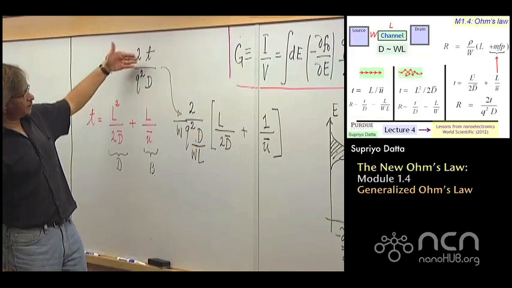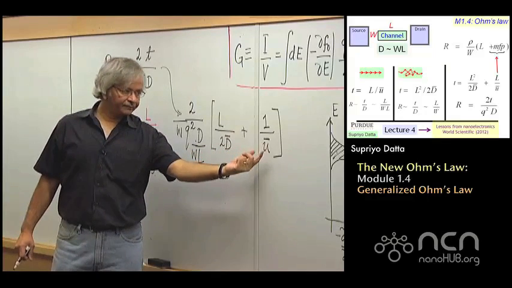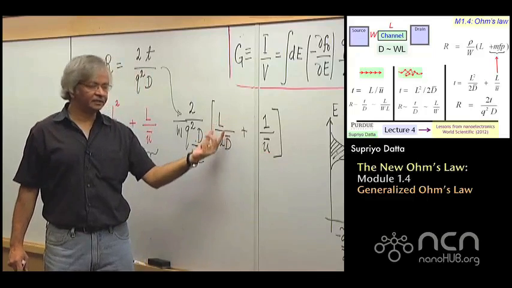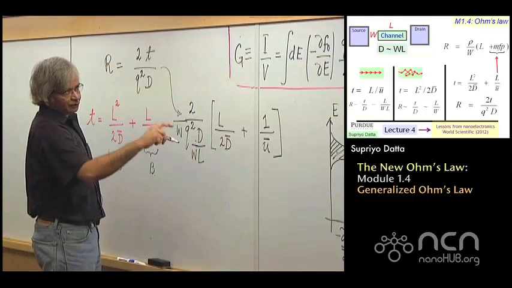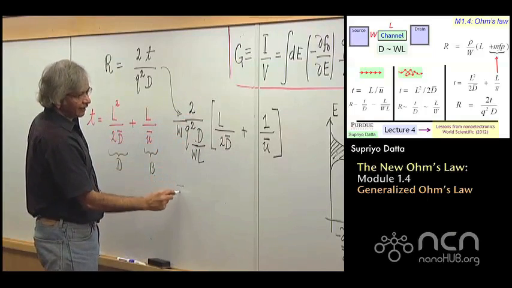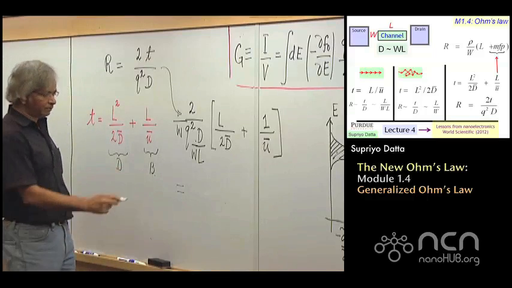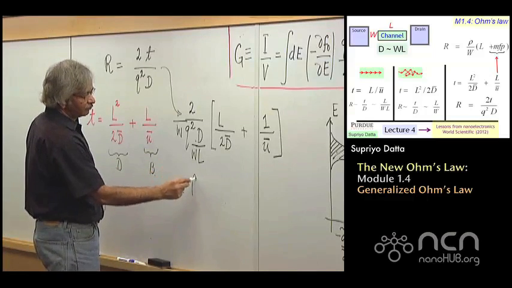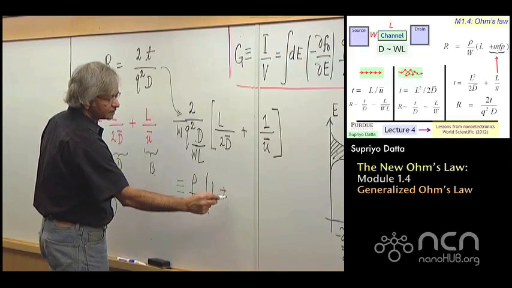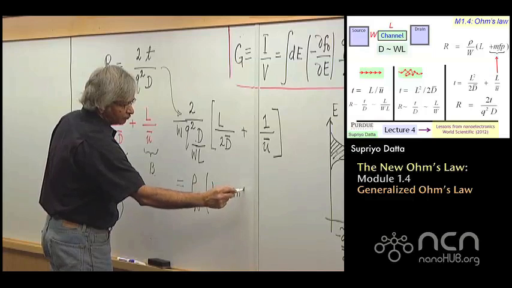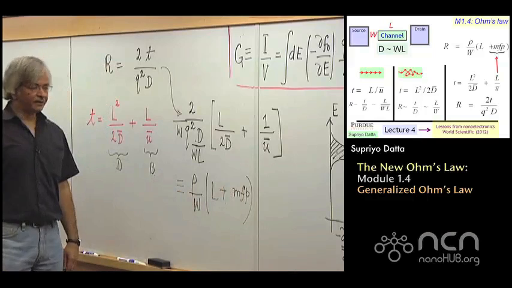But the point is, from this point of view then, you can see how you get a resistance which has a constant plus something that depends on length. And you could just manipulate this to write it like what I had written back in module 1.1. Namely, you could write this in the form of rho divided by W times L plus a constant, which is something like a mean free path.